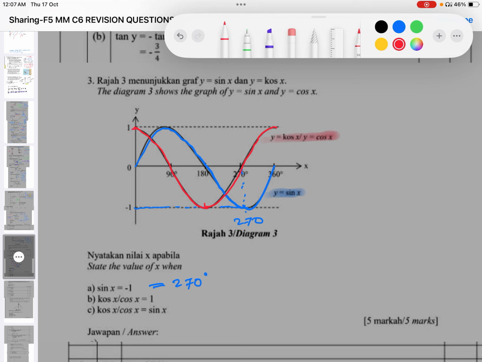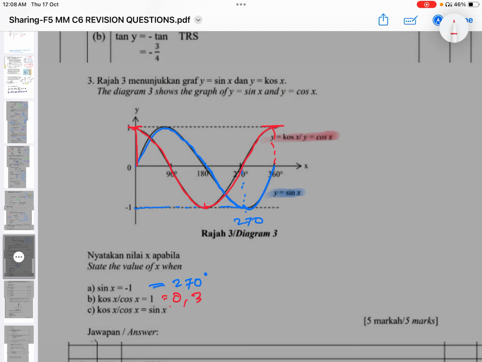So kita tengok y 1, which is going to be this adalah 90. No, okay. So even though I use another color, I still get confused. So don't be confused. So 1 adalah kat 0 dengan 360.